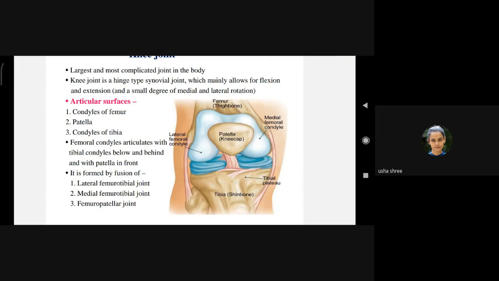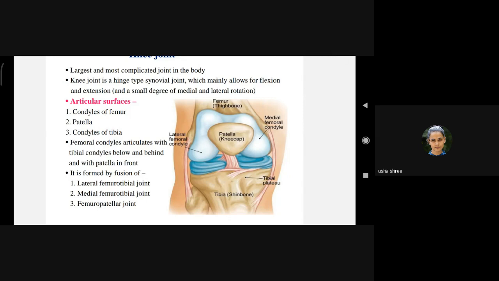So our right knee joint is having two condyles. So right knee joint's left condyle will be of medial side or of lateral side?